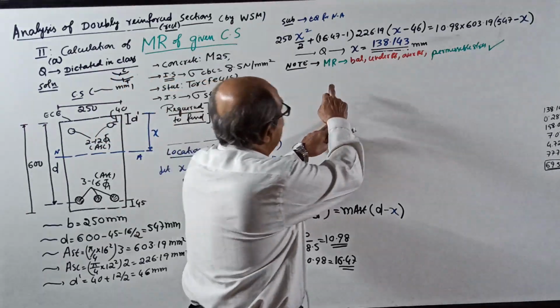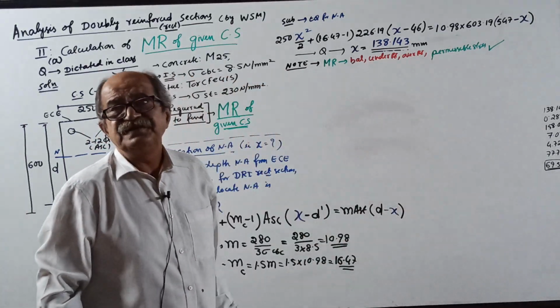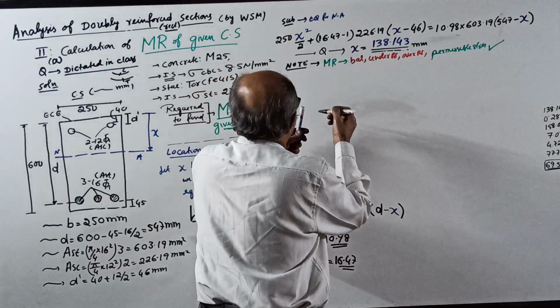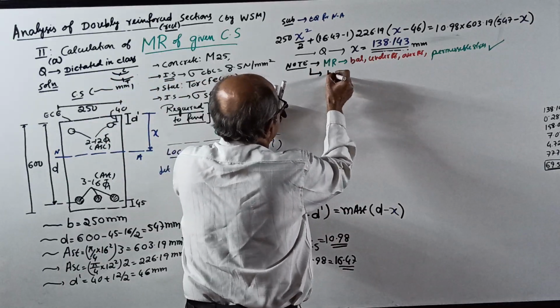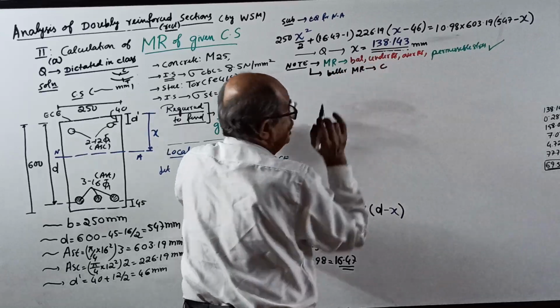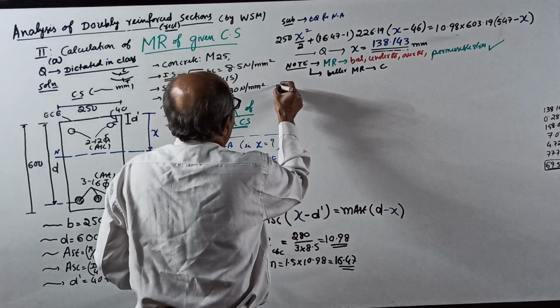So now therefore write all these things and write for the doubly reinforced section. You write here, it is better, MR based on compression. Write that much. No, start.